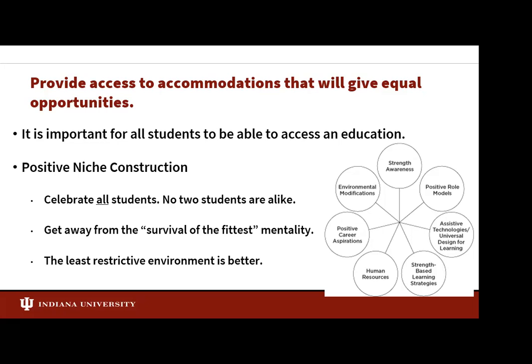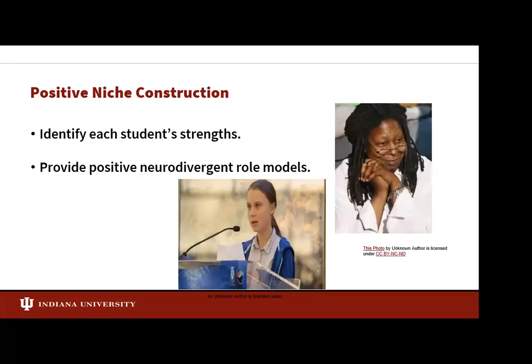One way that we know for sure for neurodivergent students is to have the least restrictive environment, which is better for everyone to thrive in the education environment. Next slide, please.